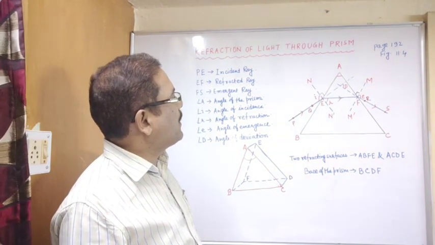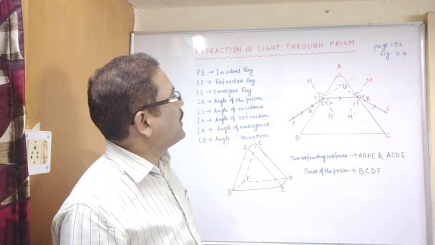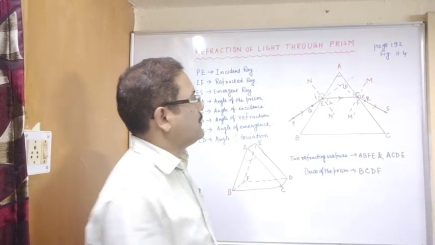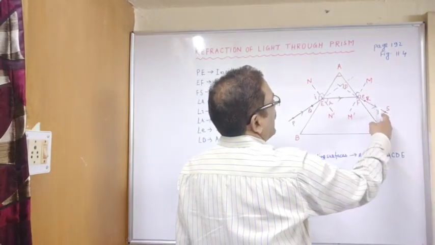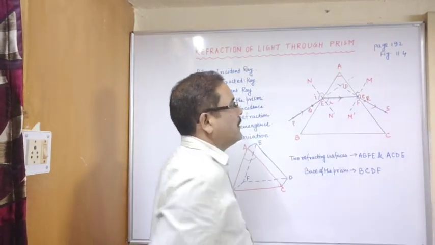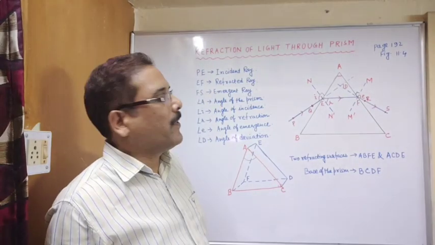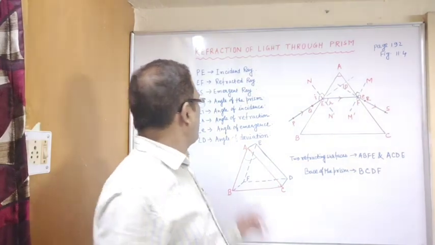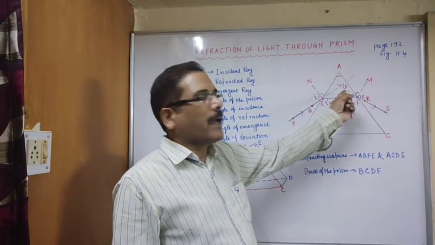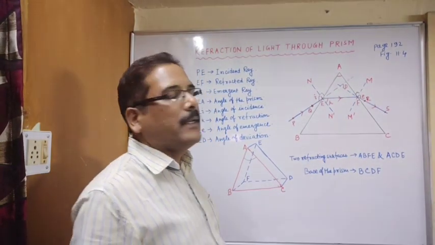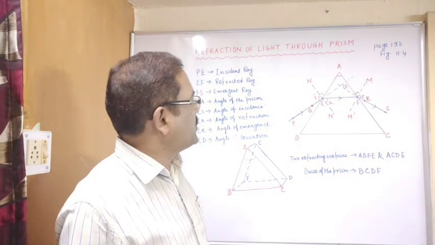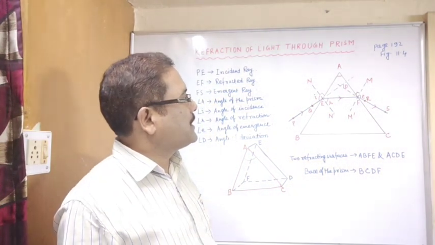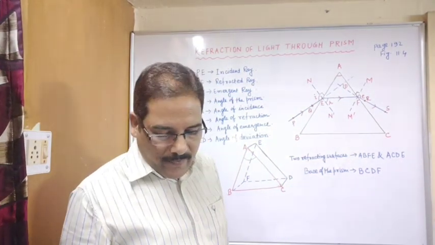Now, if we produce the incident ray forward and the emergent ray backward, then they meet at a point and make an angle. That angle we have represented by capital D, and D is the angle of deviation.